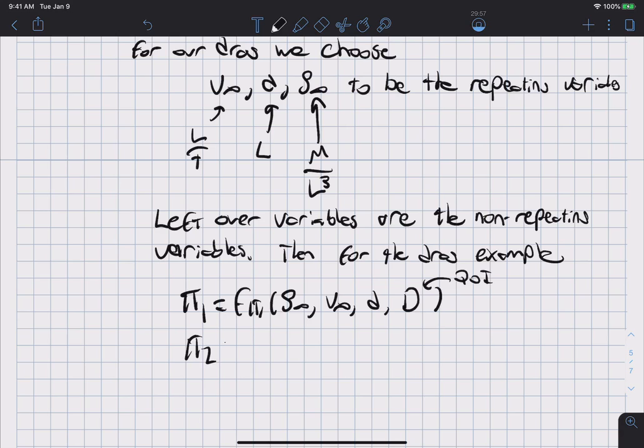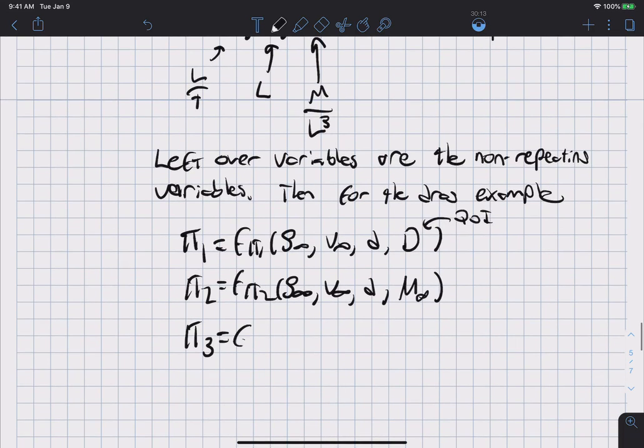Pi 2 equals some function of pi 2, and that will be a function of our repeating variables, V infinity, D, and it's a function of mu infinity. And pi 3 will be equal to a function of pi 3, which is a function of the repeating variables rho infinity, V infinity, D, and the speed of sound.